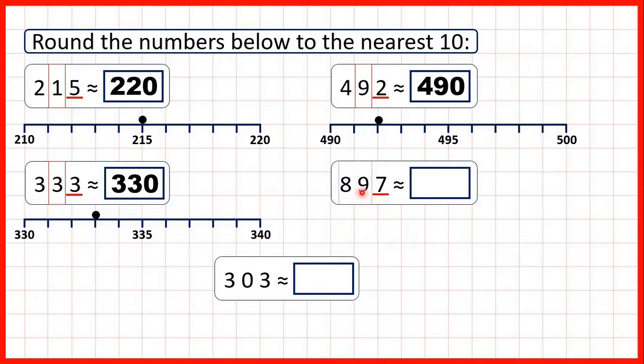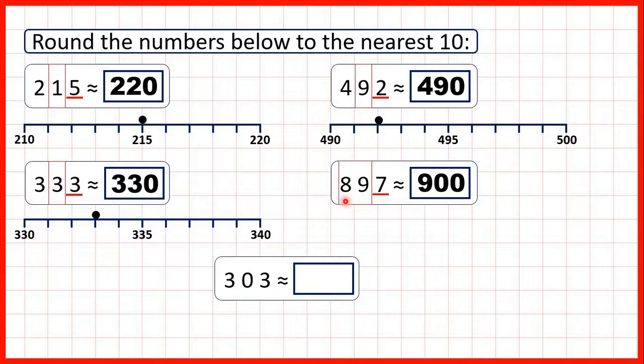So what we need to do here is look to the left and take our hundreds and our tens digits together. Remember, when we're rounding up, what we've circled increases by 1, and 1 more than 89 is 90.